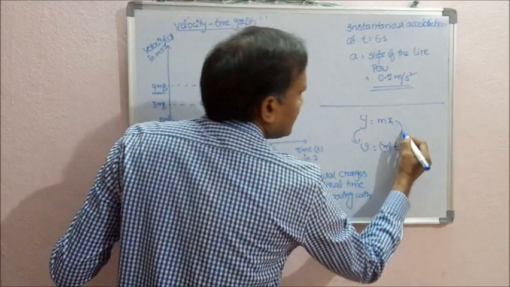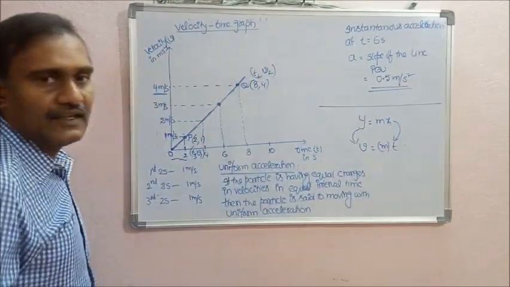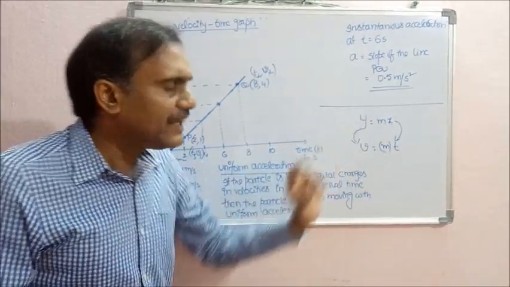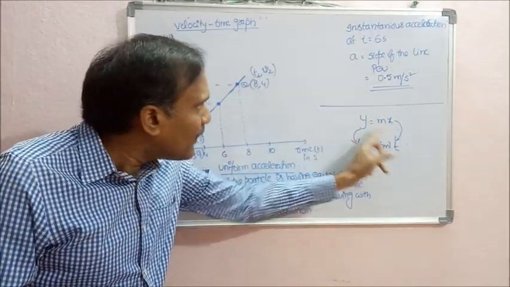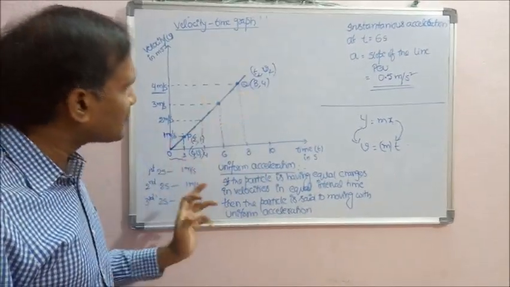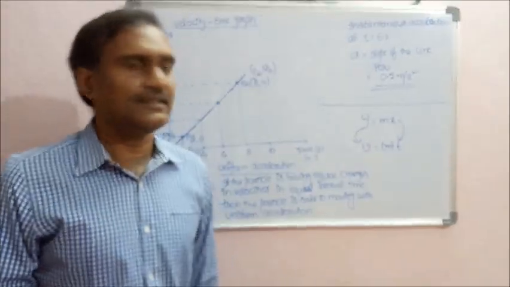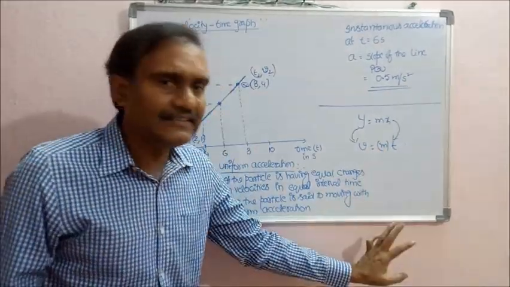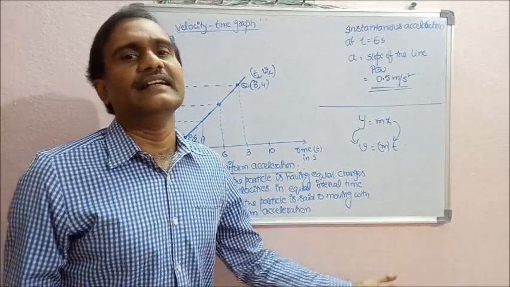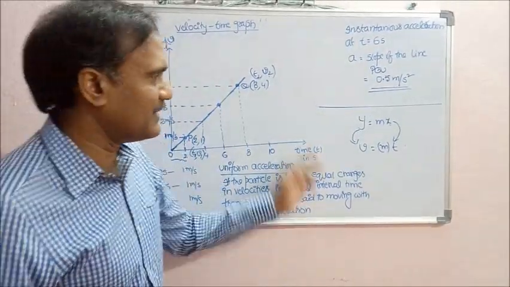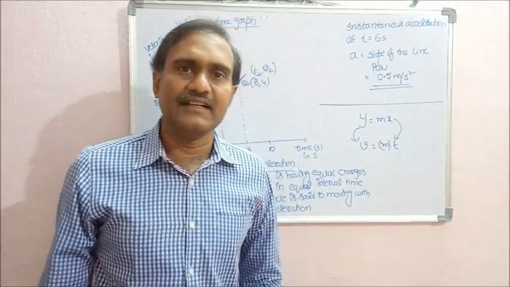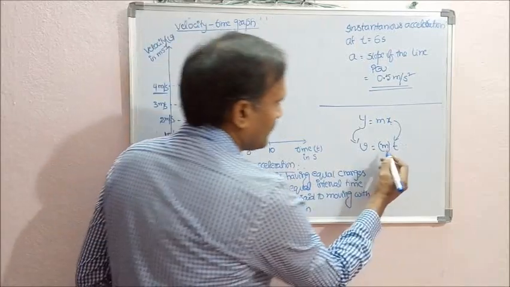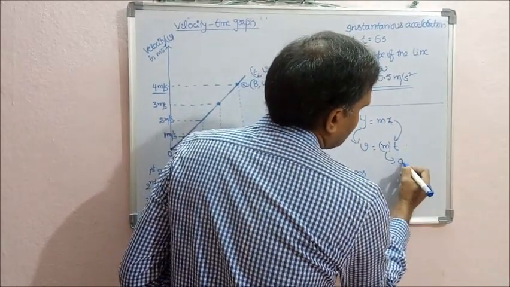What does this m indicate? M indicates the slope of this line. For a given straight line, slope remains constant. Here also m is constant. In our discussion, m, the slope of this line, indicates a constant acceleration.